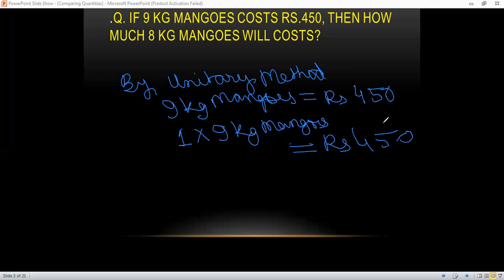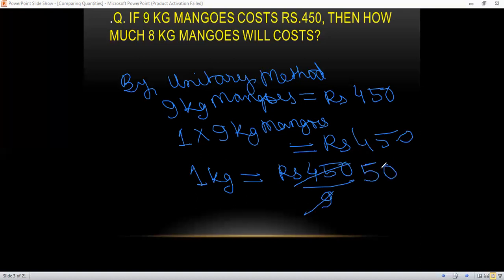So we will keep 1 over here and we will take 9 to the denominator of 450. We simplify it and we get 50 rupees. So for 1 kg mango, the cost will be 50 rupees.